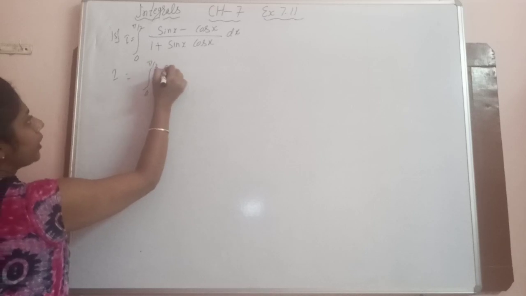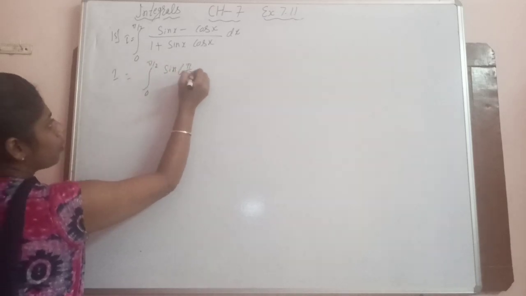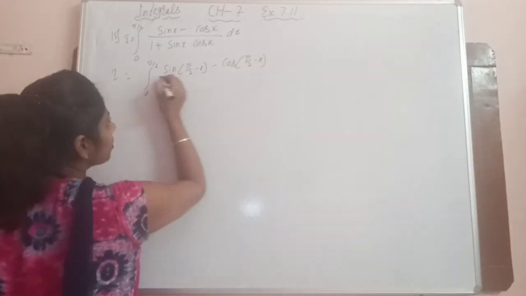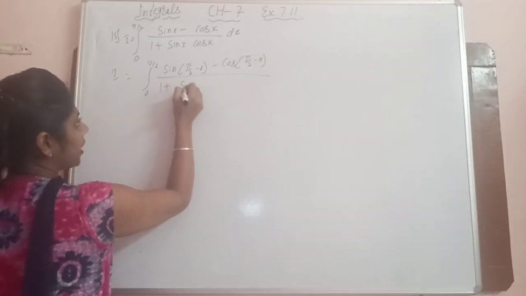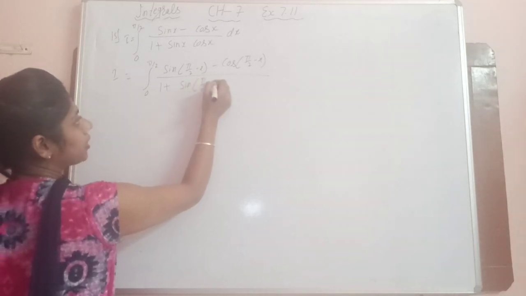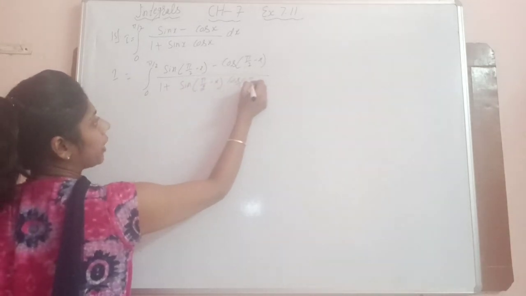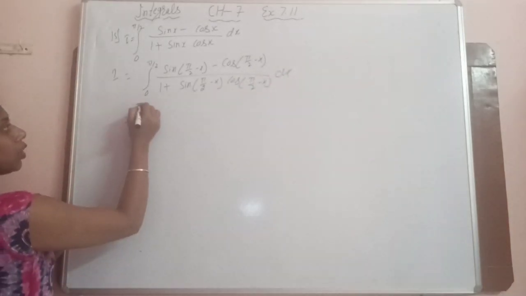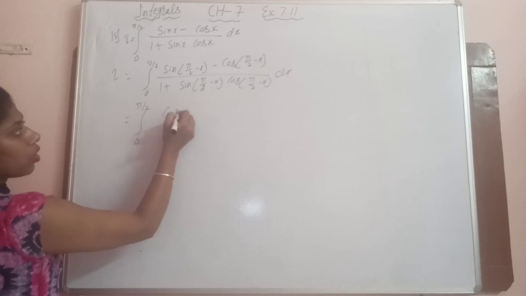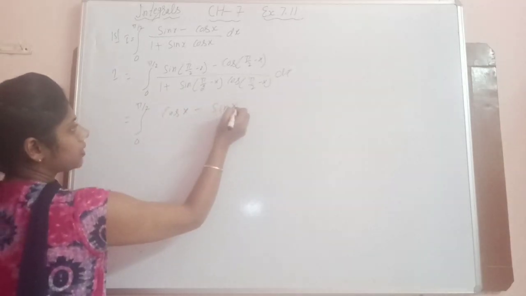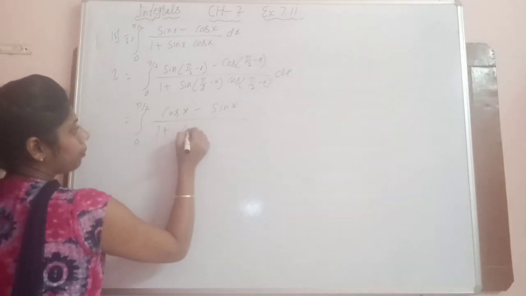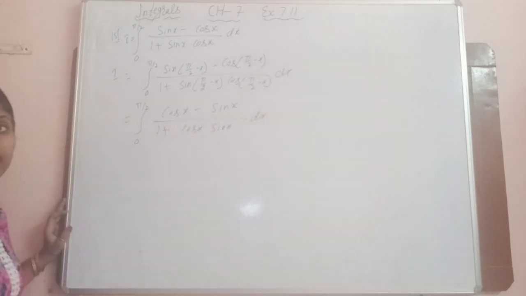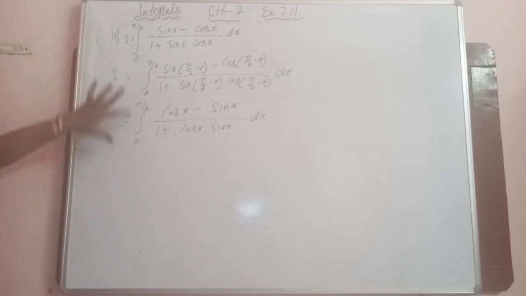So 0 to pi by 2, sin of pi by 2 minus x minus cos of pi by 2 minus x upon 1 plus sin of pi by 2 minus x cos of pi by 2 minus x. So the function will become 0 to pi by 2, cos x minus sin x upon 1 plus cos x into sin x.